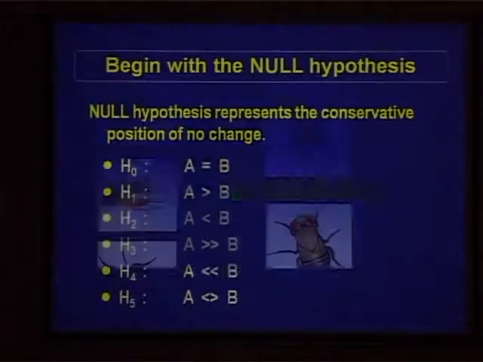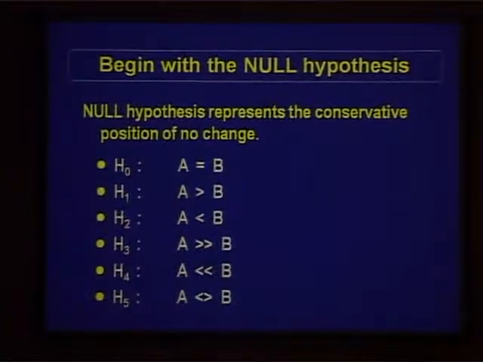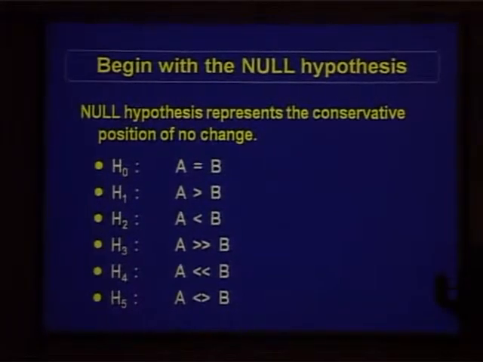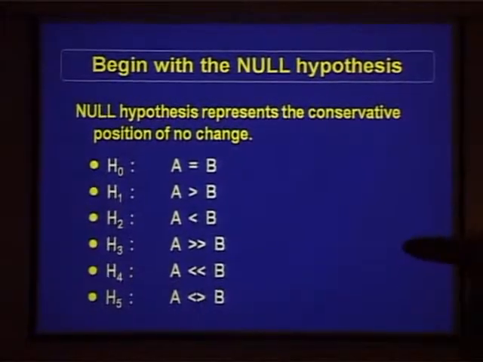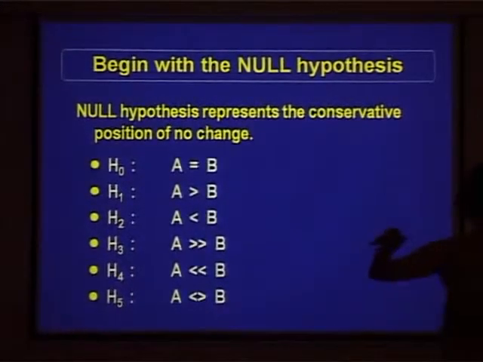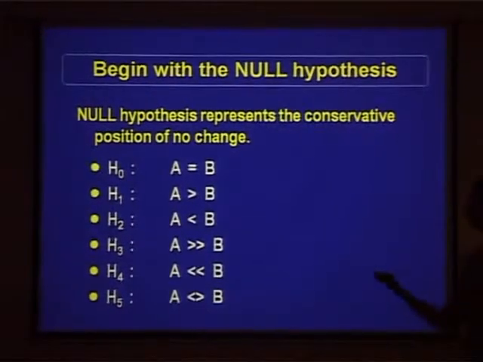In statistics, we have a concept which is called a null hypothesis. The null hypothesis concept has its origins in law. So you start by saying that there is no difference, and then you try and prove that there is a difference or there is no difference.